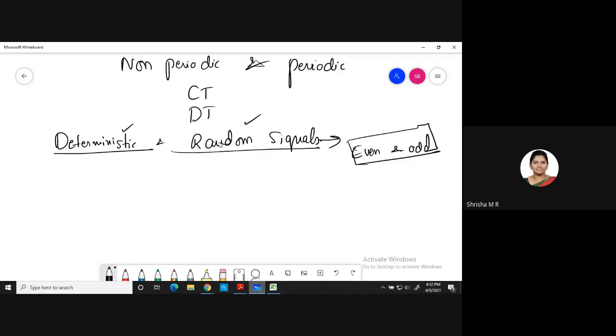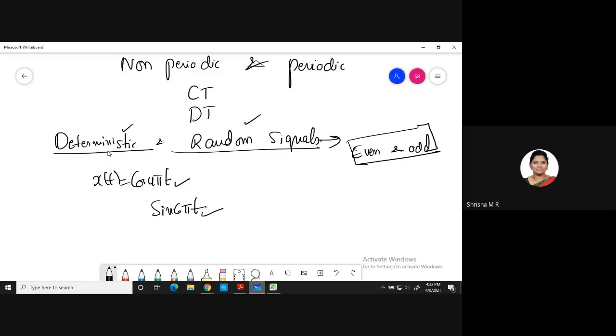So a deterministic signal can be represented as a function of time. The behavior of these deterministic signals is predictable with respect to time. If I tell you x(t) = cos 4πt or sin 6πt, in deterministic signals you have time given.